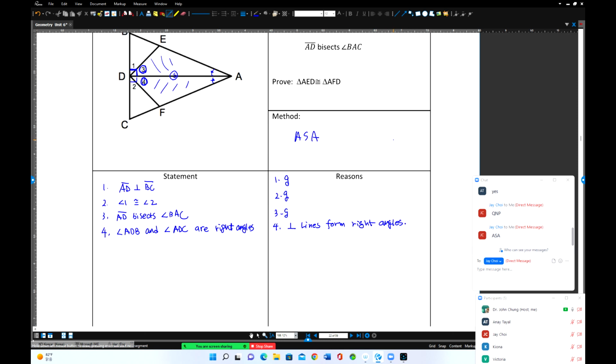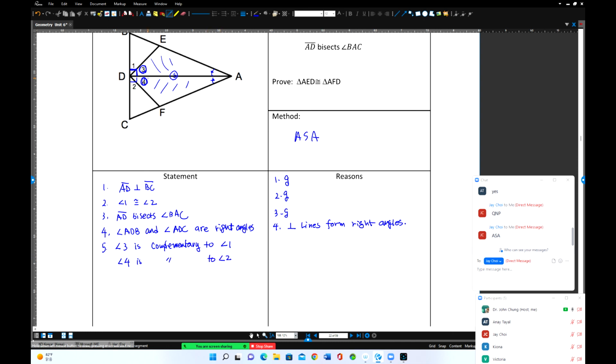Not right angles. So the next one over here, angle 3, because they are right angles, angle 3 is complementary to angle 1. And also angle 4 is complementary to angle 2, isn't it?